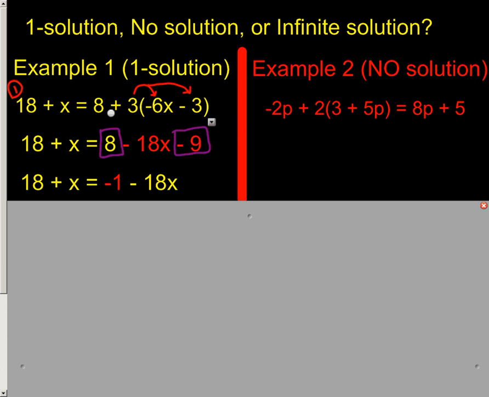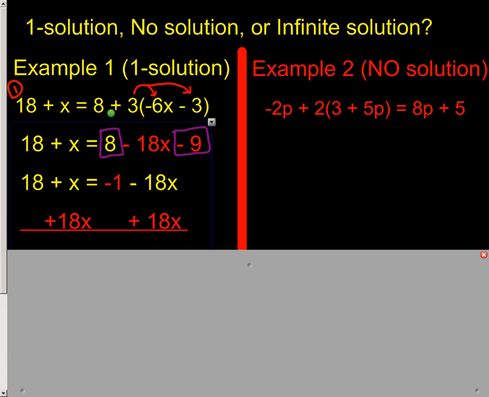Only like terms we had was a positive 8, negative 9, so 8 minus 9 was negative 1. Then we need to get all of the variables to the same side. So it looks like I'm going to move the 18x to both sides, so plus 18x, plus 18x. Remember, there's an invisible 1 in front of that x if you need to write a 1 in front of it.